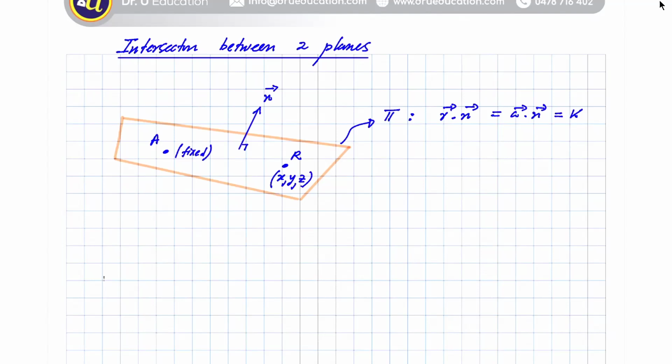When you simplify this, you get the Cartesian equation of the plane.